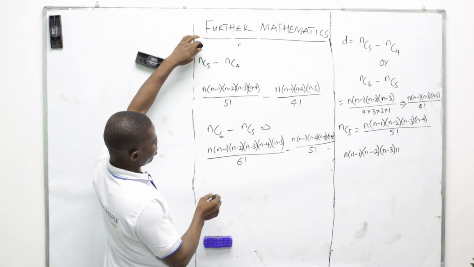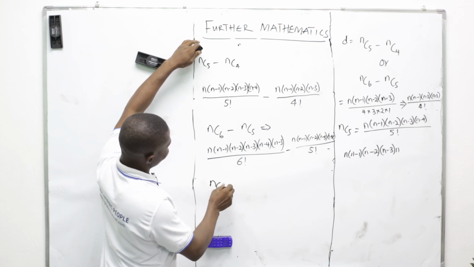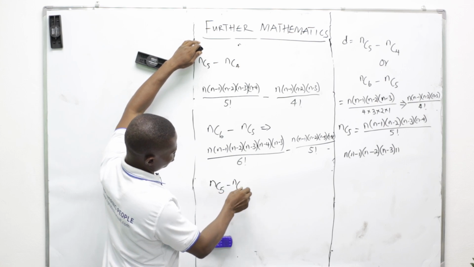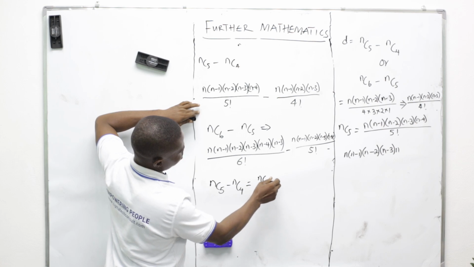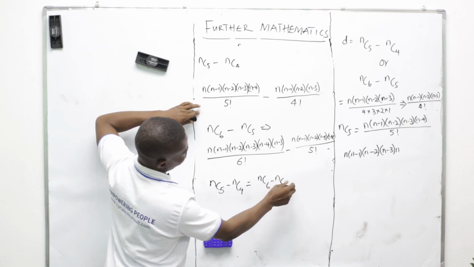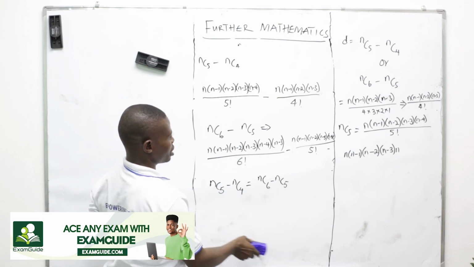So n combination 5 minus n combination 4 equals n combination 6 minus n combination 5. And let us equate them.